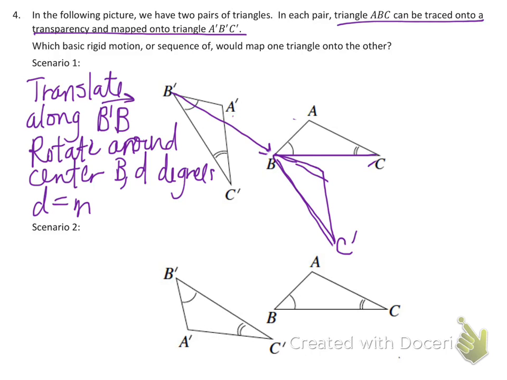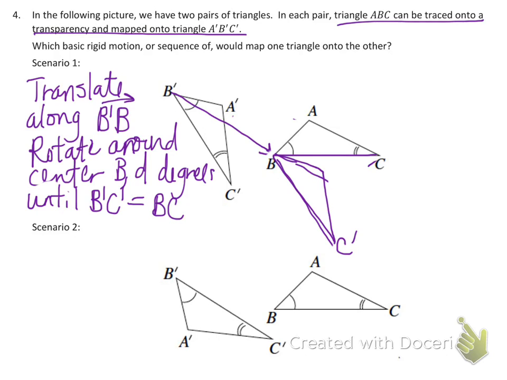Or another way I could say this is D degrees until B prime C prime coincides with BC. So I want to do that rotation until it gets there.